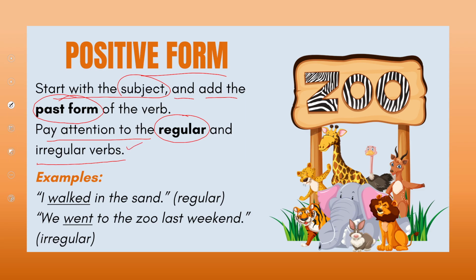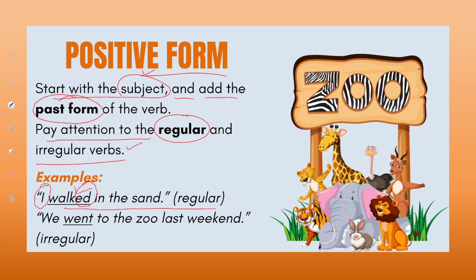For example, starting with the subject, adding the past form of the verb. I walked in the sand. Now, this is a positive form because we started with the subject, we added the past form of the verb, which is walked, and this is also a regular verb because we added ed at the end.